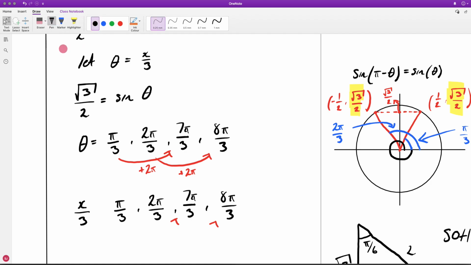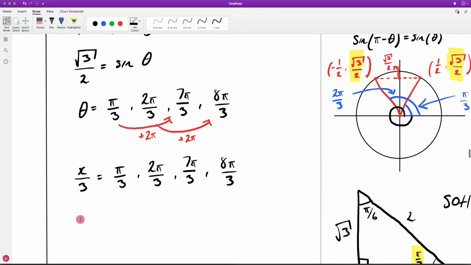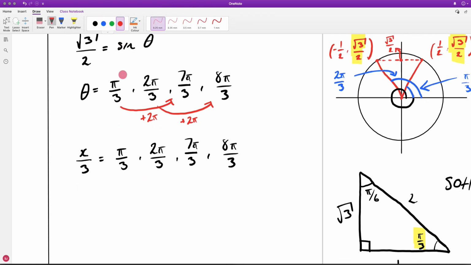Don't you wish I could do this in class on the board? The magic of technology. That and that are the same because theta equals x over 3. So now I want to get x by itself. So what I'm going to do is times everything by 3.